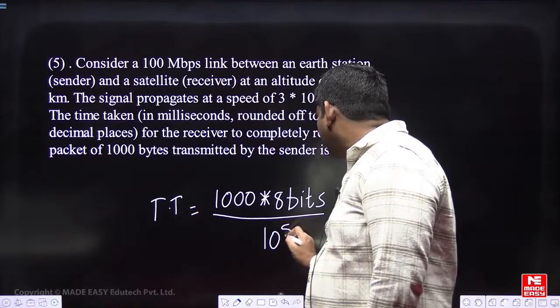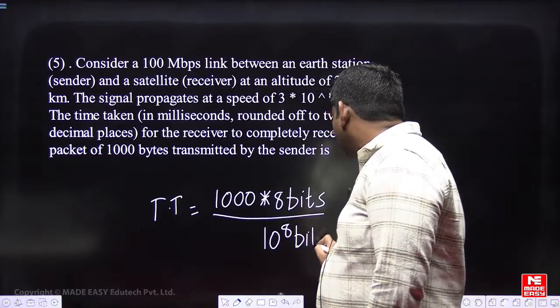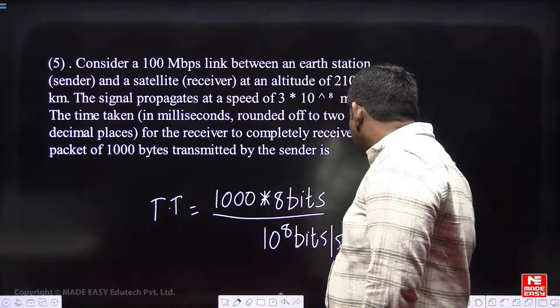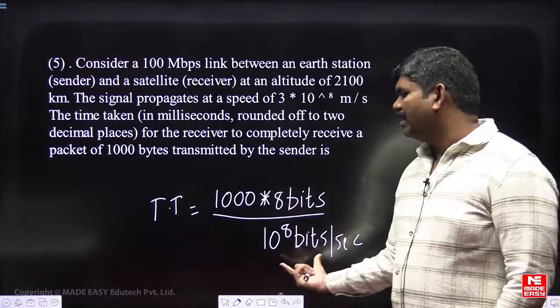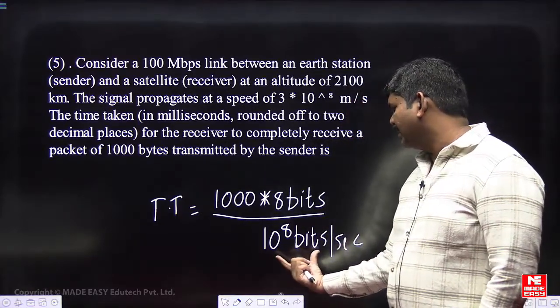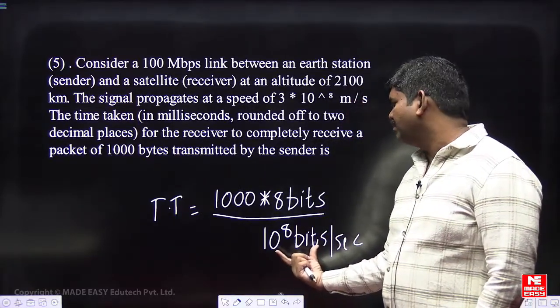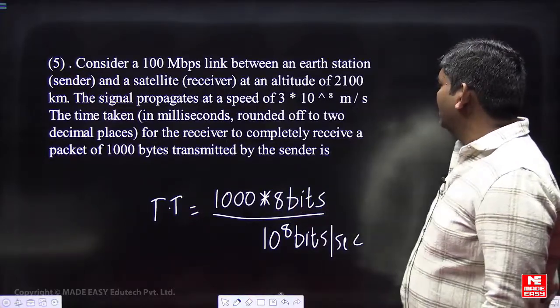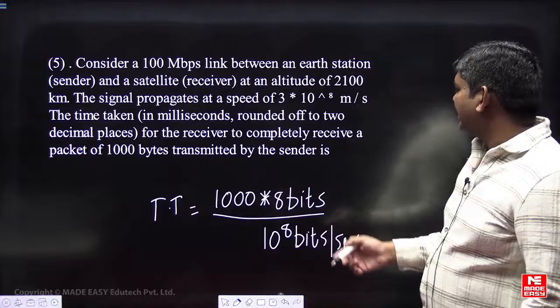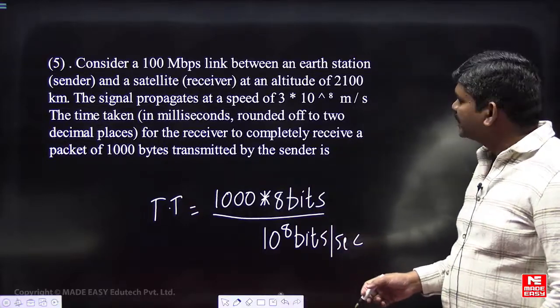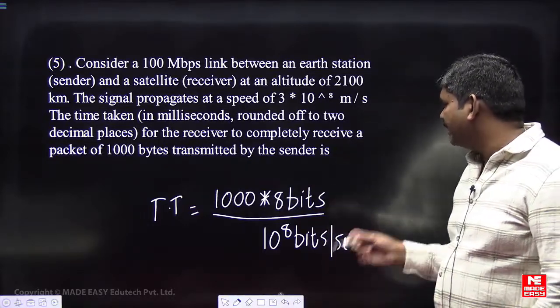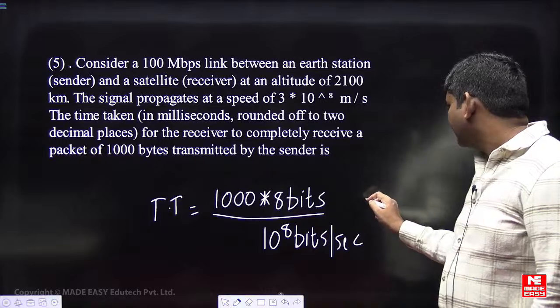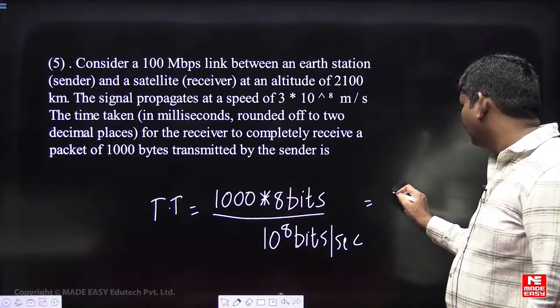So we can write this value as 10 power 8 bits per second. This is the data which you transmit. Since they are asking in milliseconds, try to convert into milliseconds. Bits and bits will cancel.